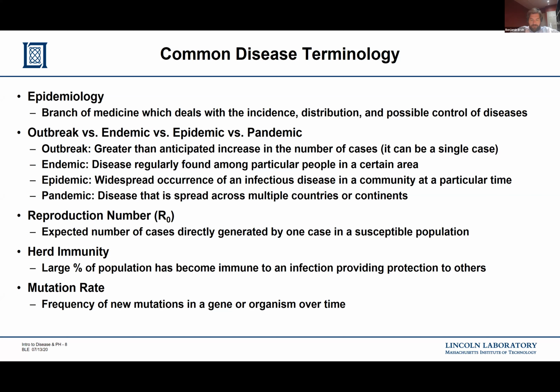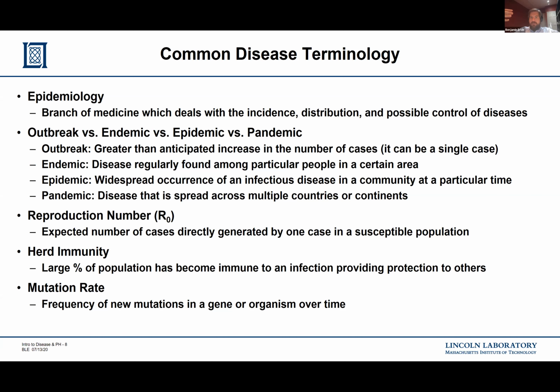Many of you have probably heard of the reproduction number, R0 or R-naught. This is going to be critical to the zombie case that we talk about later. This is the expected number of cases directly generated by one case in a susceptible population. So in essence, if you are the only infected person with a disease and you go about your daily business, how many on average are you going to infect?